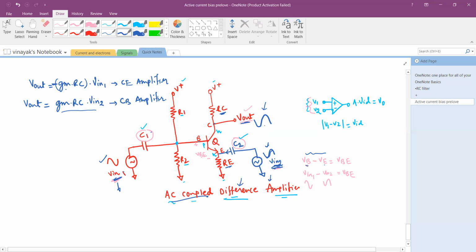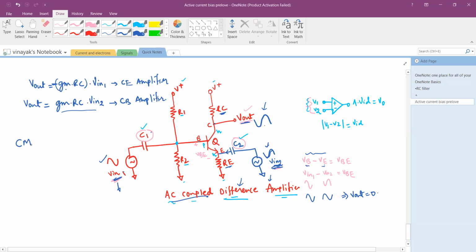If the voltages applied at the base pin and the emitter pin are in phase, for example, positive going at the base and also positive going at the emitter, in that case your output is likely to be 0, of course.